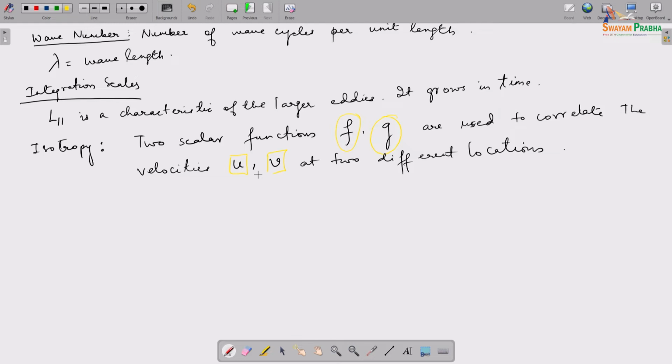And due to isotropy, these f and g are independent of x. Interesting, right?